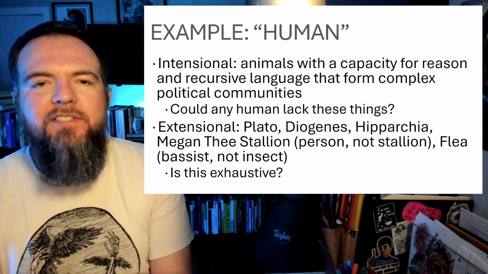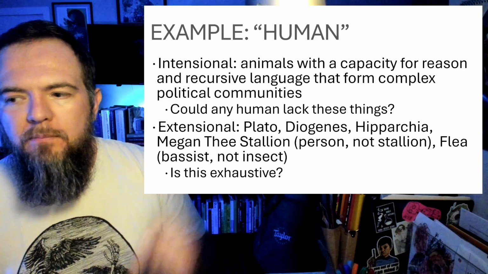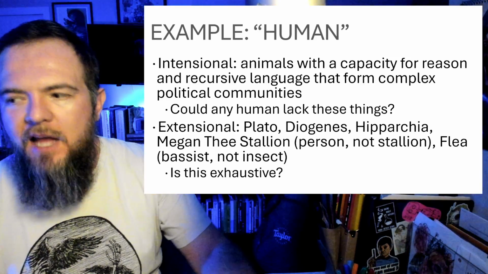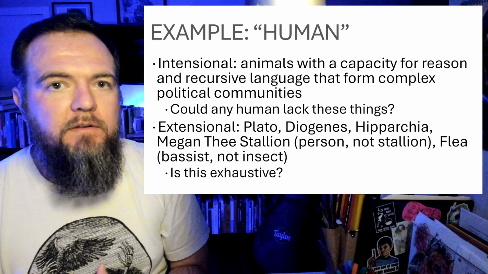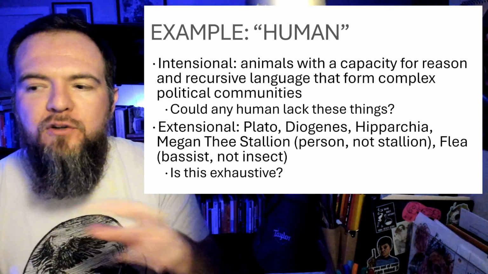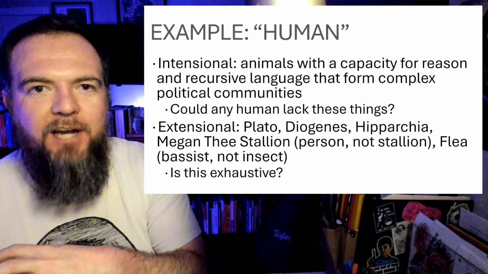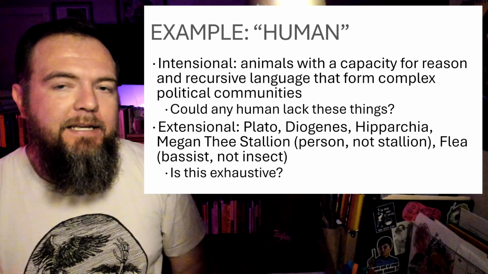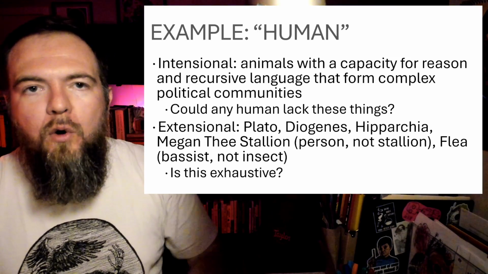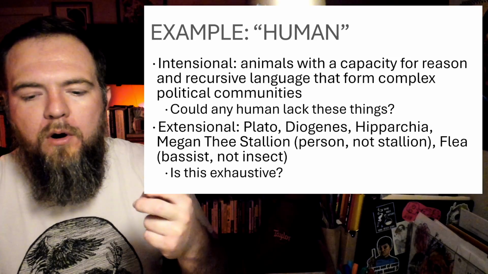Similarly, with the extensional definition, where we're just listing people, Plato, Diogenes, Hipparchia, Megan the Stallion, Flea, right? The question there is, is this exhaustive? Am I excluding humans by not enumerating enough? Are there things that I'm letting in that I shouldn't let in on this particular definition? So these things are kind of up for criticism.